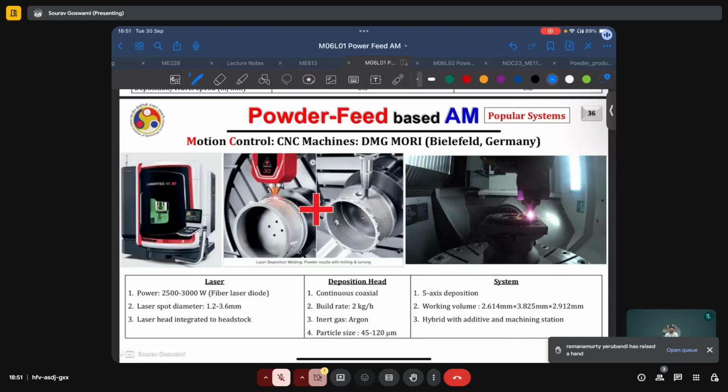Build rate can be up to 2 kilograms per hour, and argon is used as the carrier gas. The system typically features 5-axis deposition by use of CNC tables. The work volume can be very high, approximately 2.6 meter by 3.8 meter by 2.9 meter, and it is a hybrid system with additive machining stations.